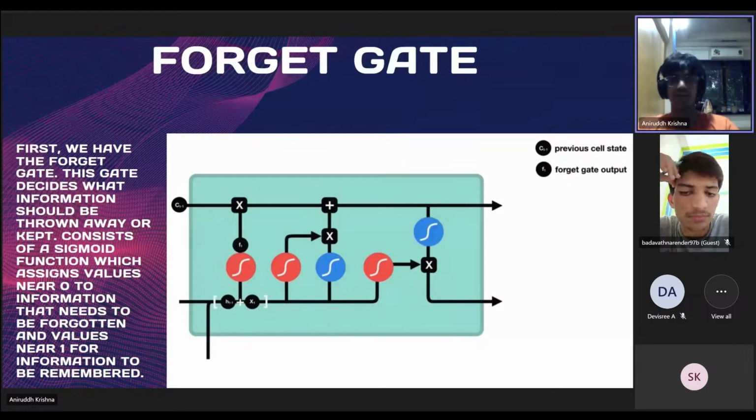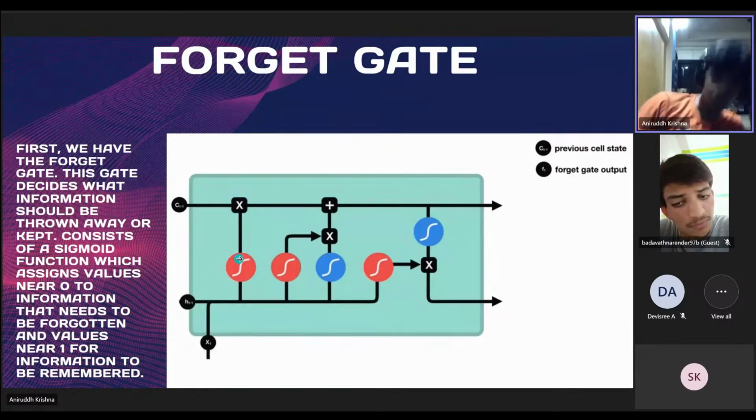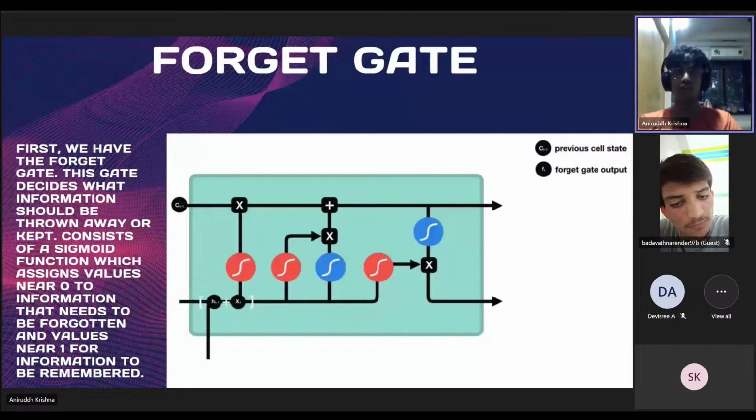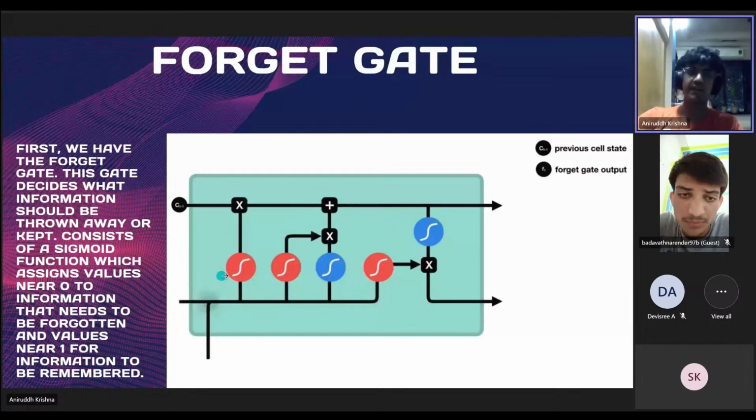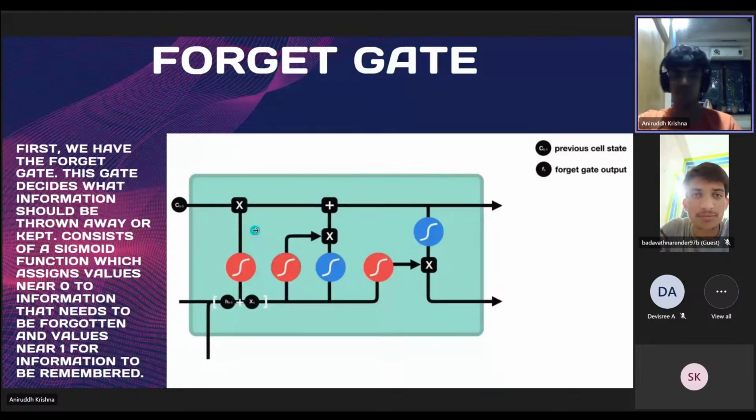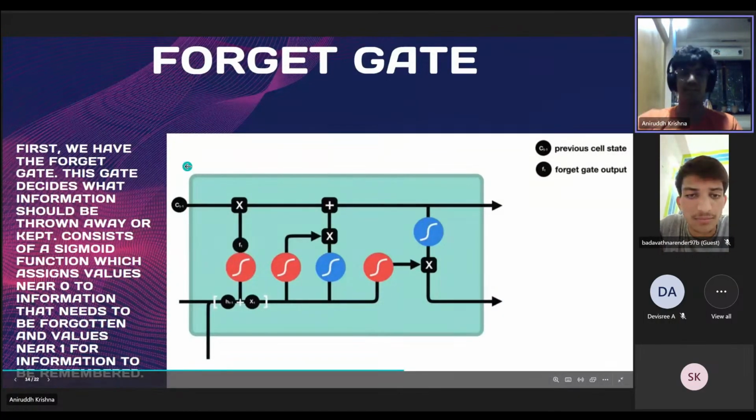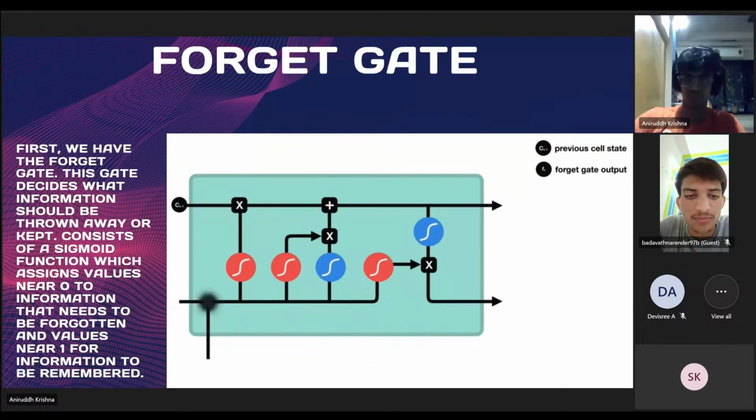That effectively helps us segregate the data into data we need and data we want to discard. Whichever information has values close to 0 multiplied to it would eventually vanish, and the data close to 1 would just be propagated forward. That's the function of a forget gate.